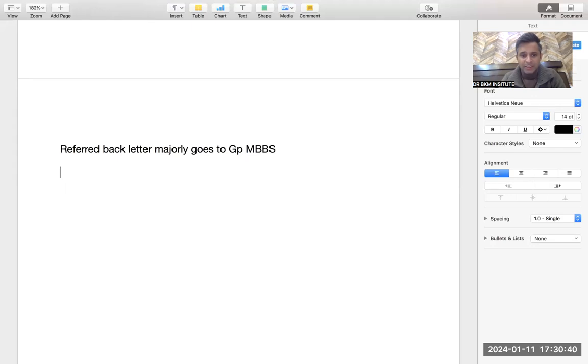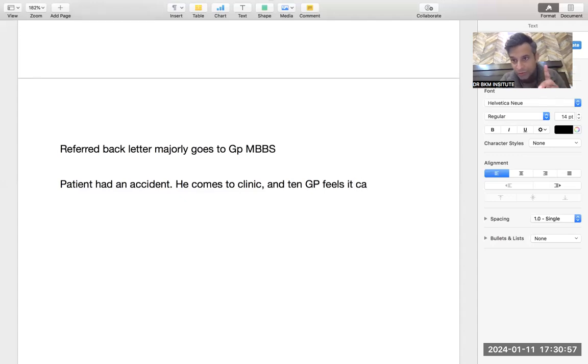So a referred back letter means the patient had an accident. He comes to the clinic and then the GP feels it can be a fracture. Again, that question mark: diagnosis, question mark, fracture. So the GP says diagnosis, fracture. What will the GP do now? What will the MBBS doctor do? He will refer the patient to orthopedics.